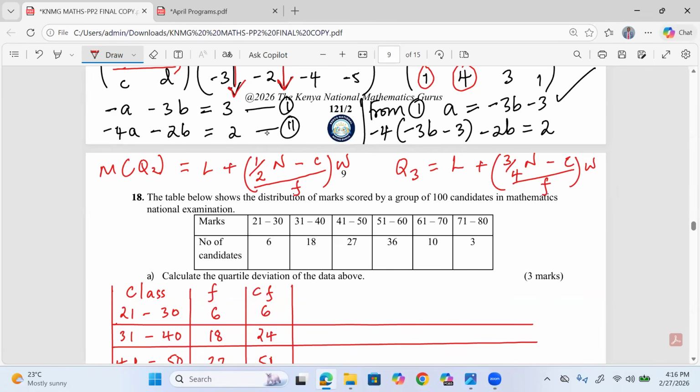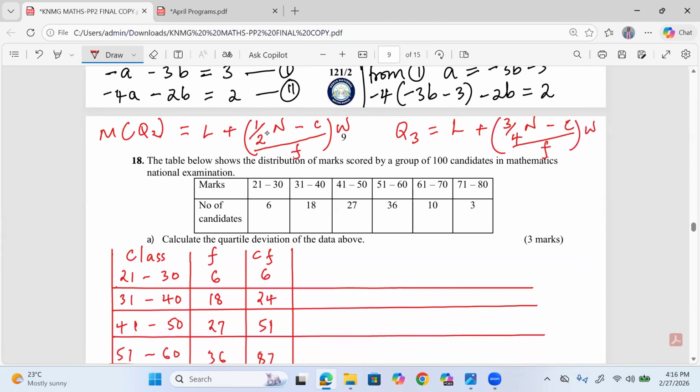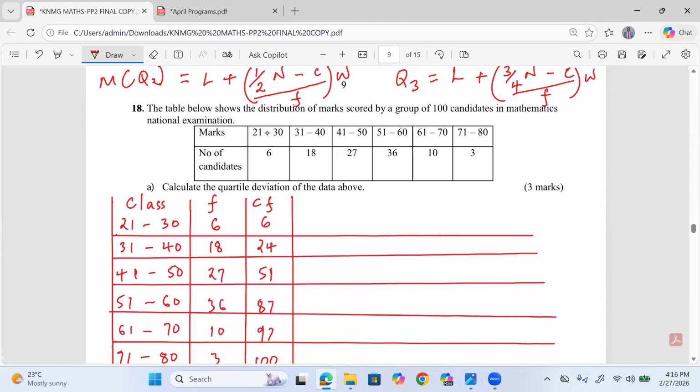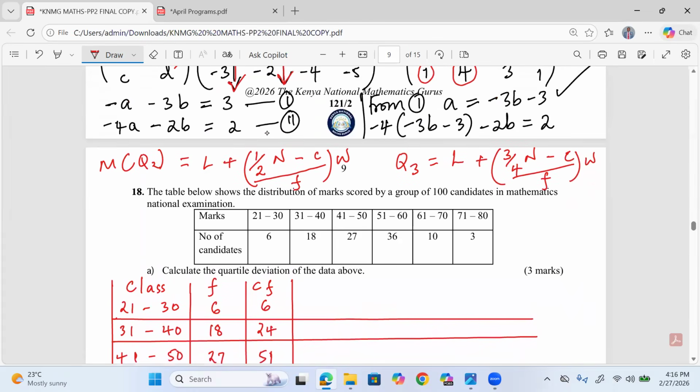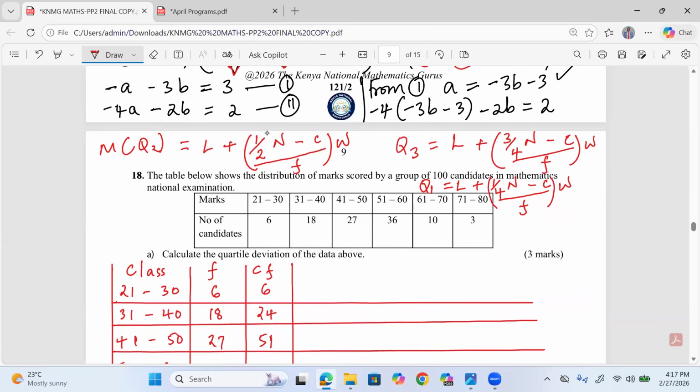After that, we have Q1. To get Q1, the lower quartile, we need the lower class boundary plus a quarter of the total frequency minus the cumulative frequency just before the Q1 class, out of the frequency of the Q1 class, and all this part should be multiplied by the class length of the Q1 class.